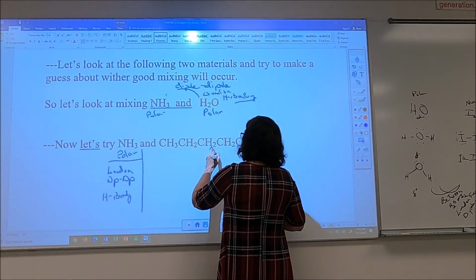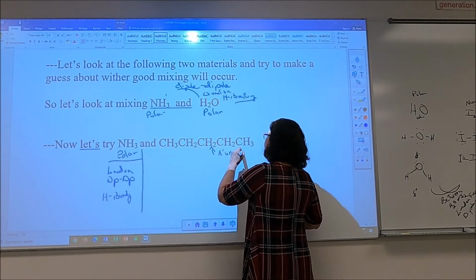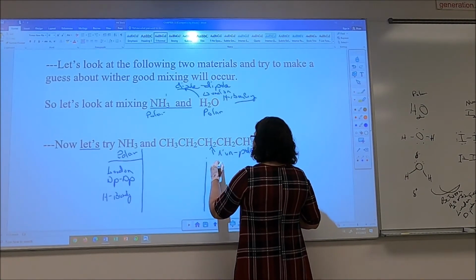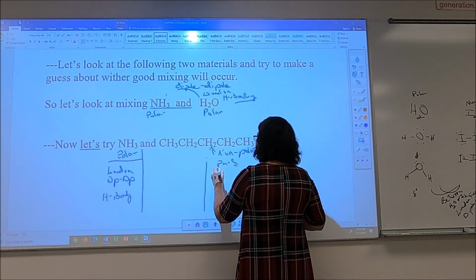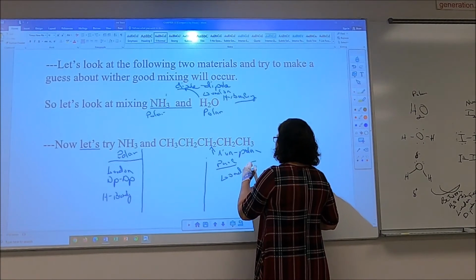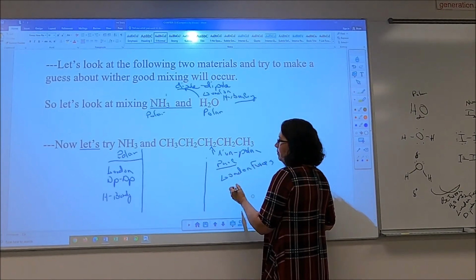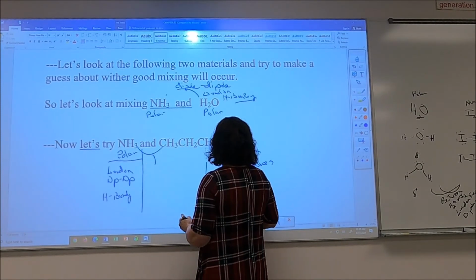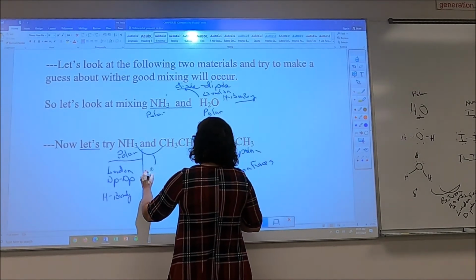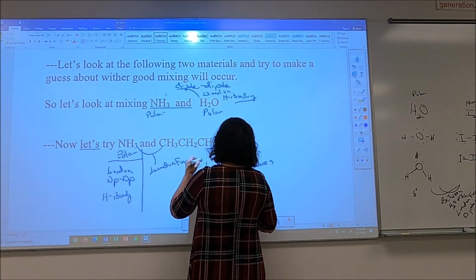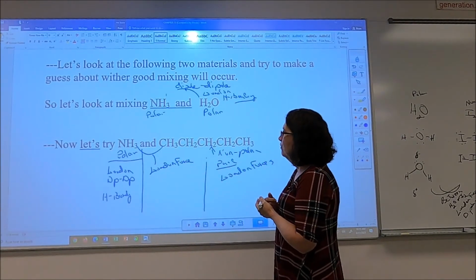So this guy is nonpolar. So in our pure substance, all we have are London forces between the two. I know there's going to be a London force because every interaction can have a London force.